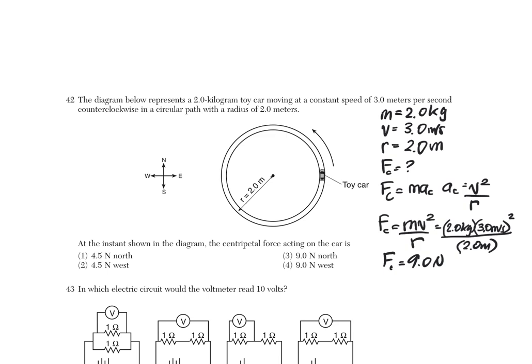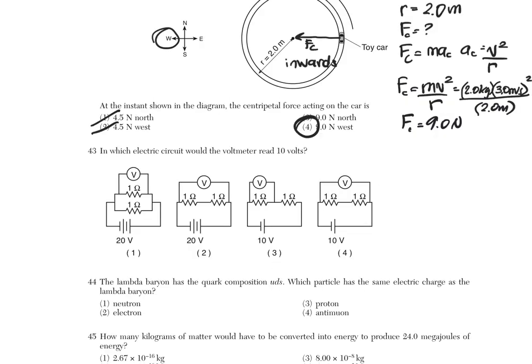Don't forget to square the speed. We get 9 newtons. So 4.5 is out. And then I know that centripetal force always points inwards towards the center of the circle. And so in that case, inwards going to the left is going to the west. So it's 9 newtons west, choice 4.